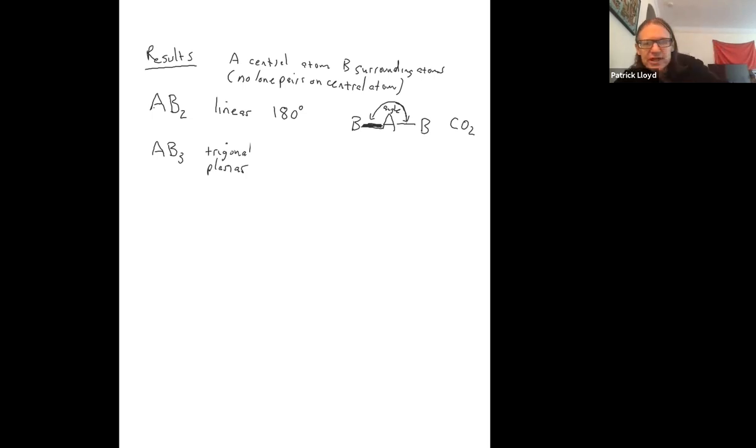Chemists have not settled on one name; they're just different names they give these things. Sometimes you'll see triangular planar, but trigonal is the more common name. The angle here is 120.